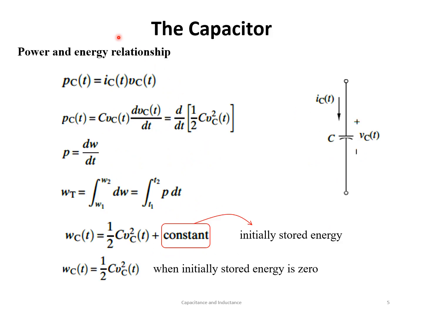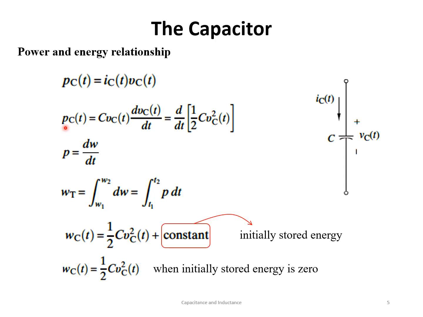Next is the power and energy relationship. As you know, power is the product of voltage and current, and especially in DC circuits, the power is the product of voltage and current, but this is shown with the t parameter. This is instantaneous power, power at any time instant. This is the product of voltage and current.